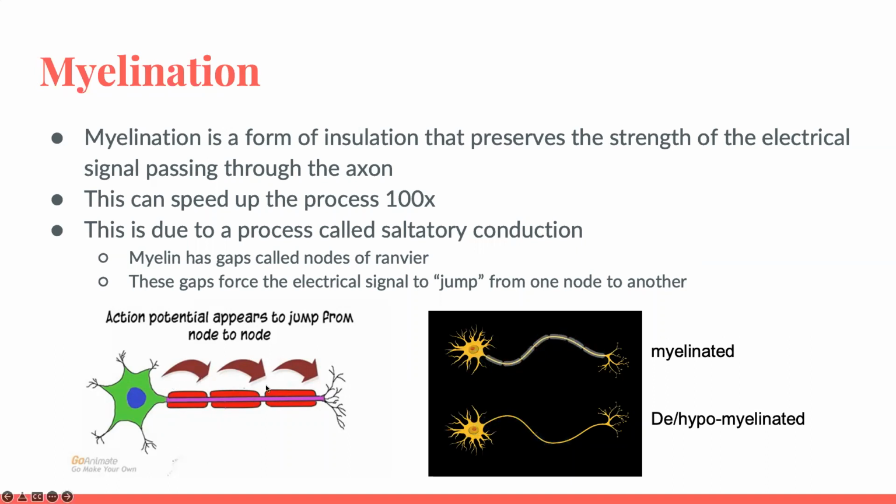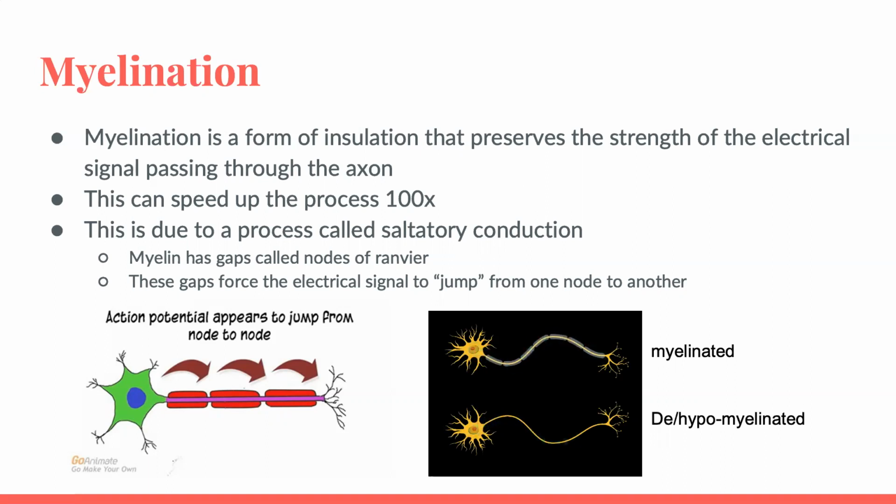And this jumping is called saltatory conduction. And it's where you have those jumps in those nodes of Ranvier that we just looked at. So instead of having to cross, let's say 100 units of the neuron, if you have these myelin sheaths covering up the majority of it, instead of having to do 100 action potentials, you could maybe only do 10. And so that would really speed up the process.